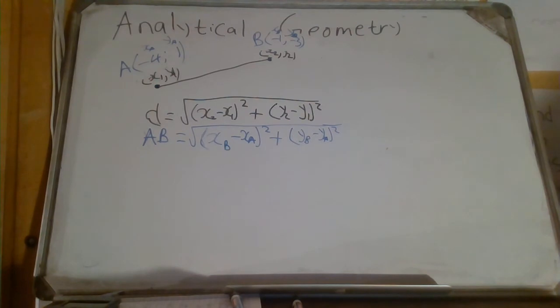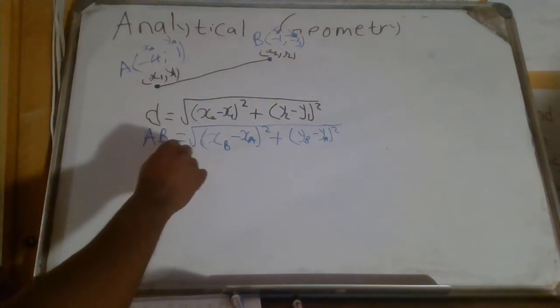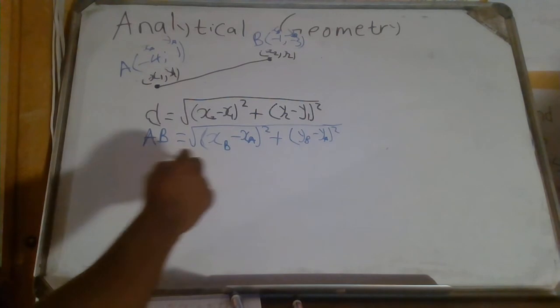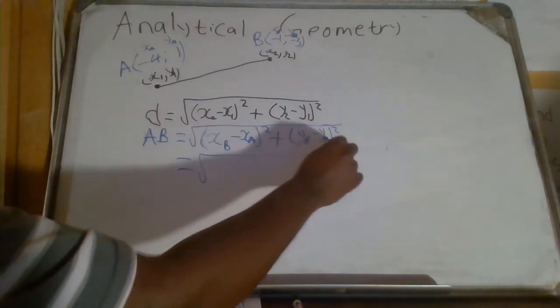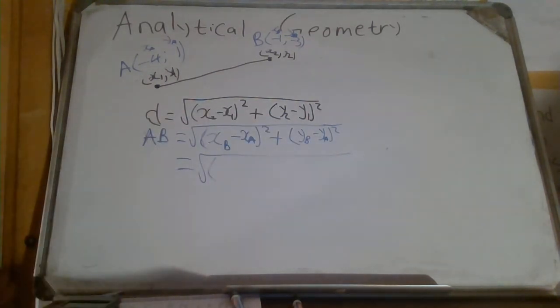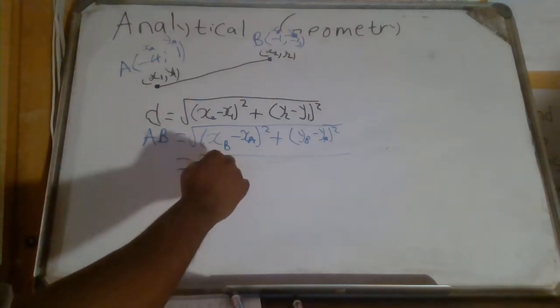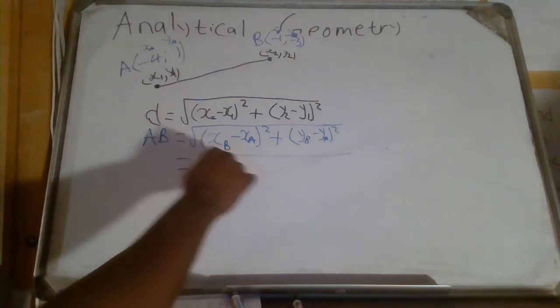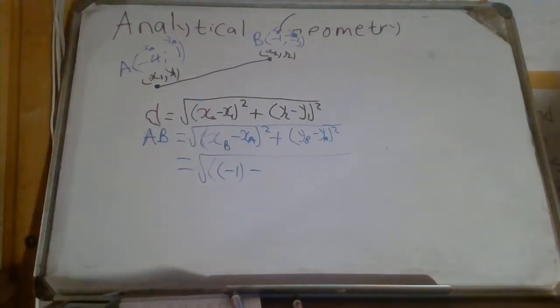Alright, so you've got a new distance formula now, which is personalized, in the context of what we are dealing with. And then when you substitute, you open your brackets, and then xb is what? So where is xb? There we go, it's minus 1. Remember, you put another bracket, it's minus 1. And then minus the one of the formula. And then what about xa? Xa is minus 4 also.